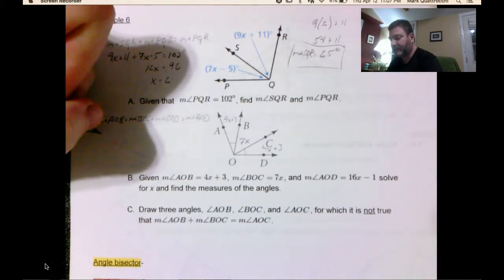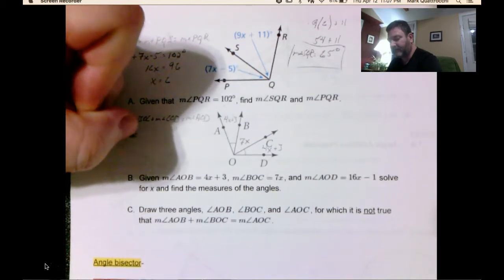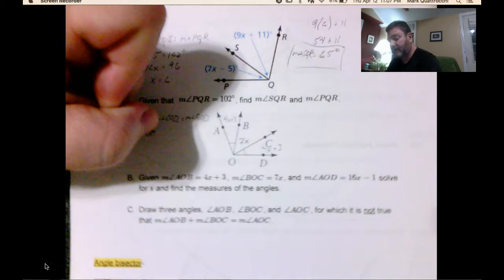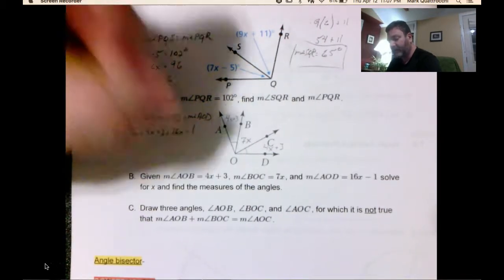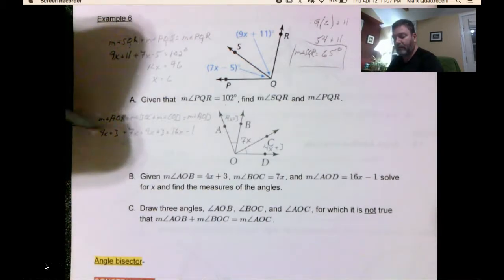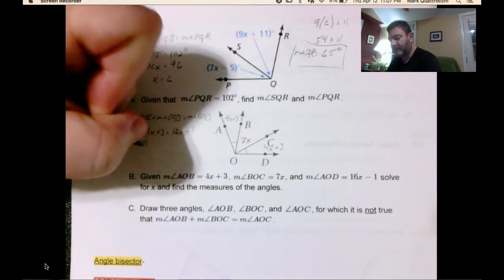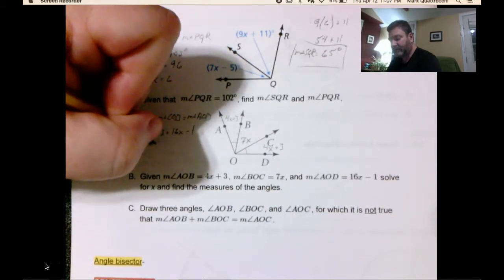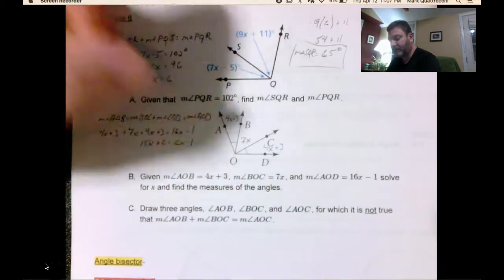So I'm going to substitute in 4x plus 3 plus 7x plus 4x plus 3 equals 16x minus 1. 15x plus 6 equals 16x minus 1.